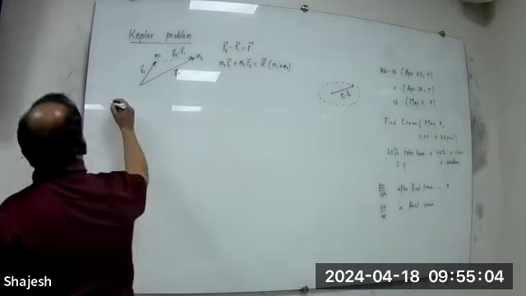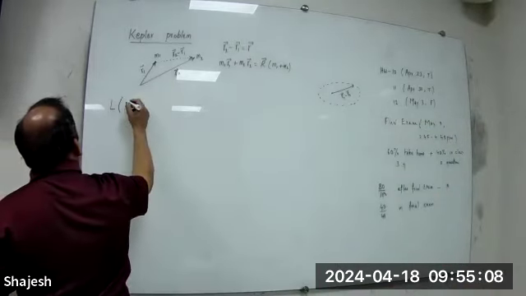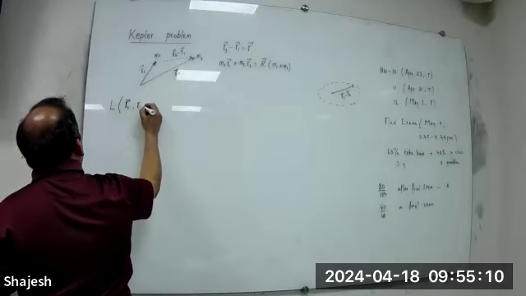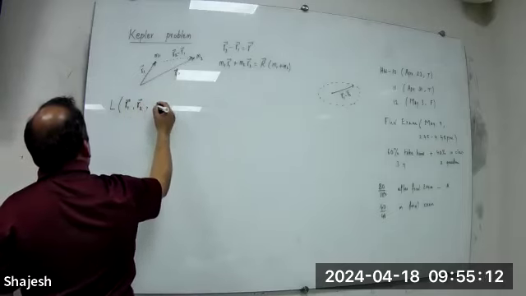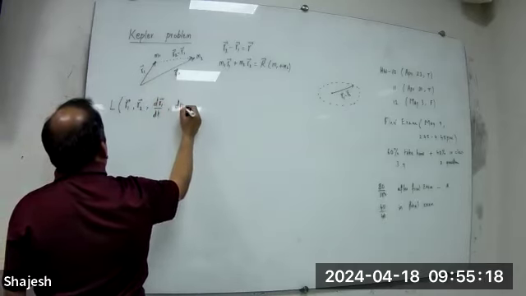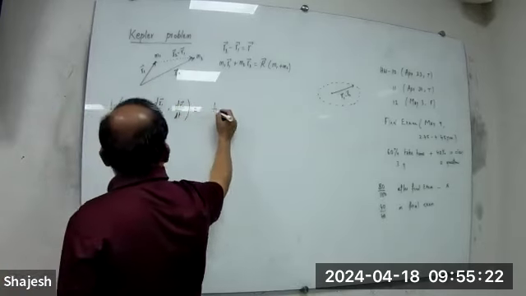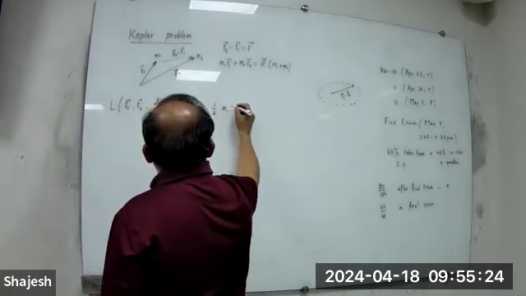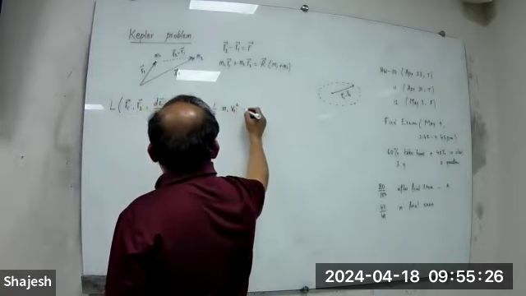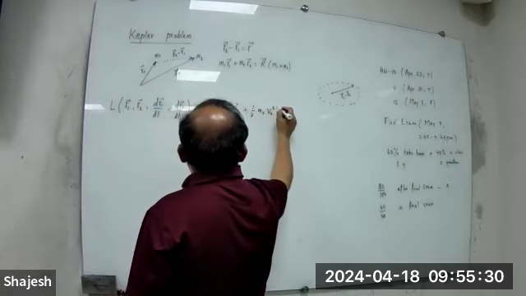First thing you would do is write the Lagrangian in terms of the complete variables, R1, R2, and then the velocity of the first object and the velocity of the second object. And there is no explicit time. This is equal to half M1 V1 squared plus half M2 V2 squared.